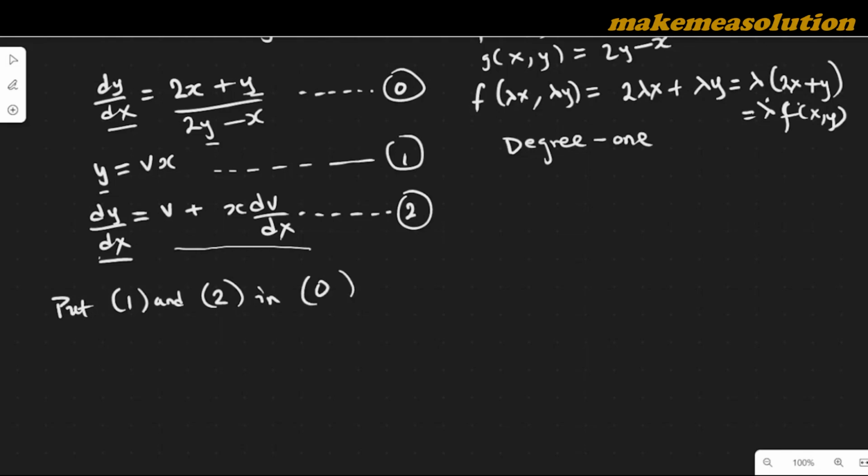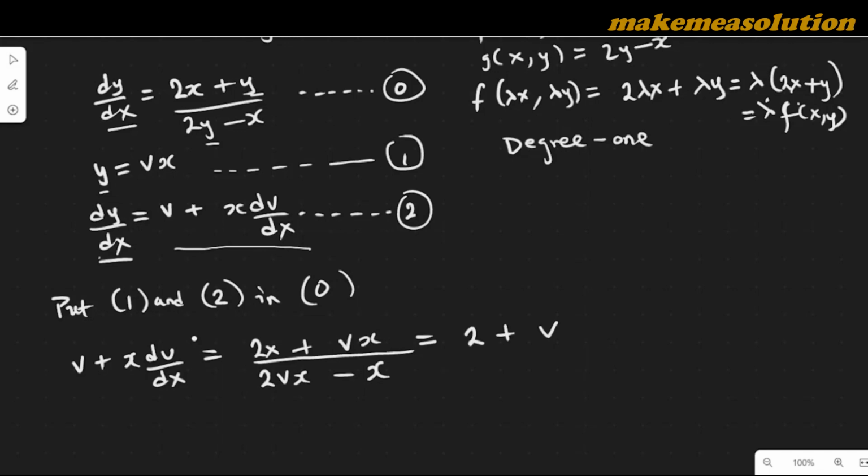So you are going to have v plus x dv dx in place of dy dx is equal to 2x plus y becomes vx over 2y, another vx minus x. So you can see that x cancels out in all these scenarios. So this gives me 2 plus v over 2v minus 1, because x is cancelling out.